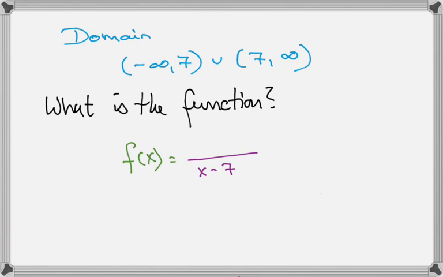What do you want to put in the numerator? X squared plus 1? Sounds good to me. Here you go. So the denominator has to have the opposite sign of whatever the domain is. The denominator has to be the opposite sign.